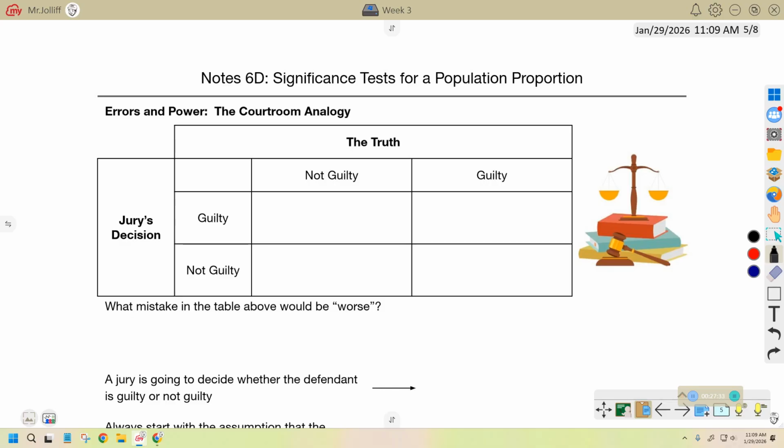In a jury trial, the jury can make decisions about whether the person is guilty or not guilty, and then there is the reality of the situation, whether the person is actually guilty or not guilty. In an ideal world, those things line up, but we know that they don't always. So in that table of our decision versus what is true in reality, where are the 2 boxes where we are happy as conscientious jurors?